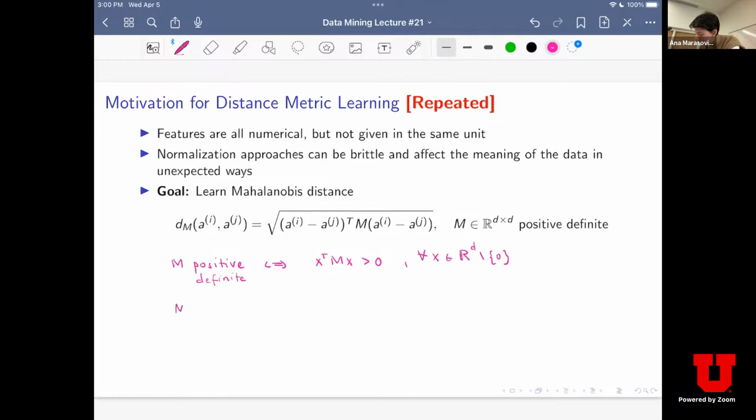Very often you are going to see something like this. If M is positive definite, then we'll say that M is symmetric, and all of its eigenvalues are real and positive.